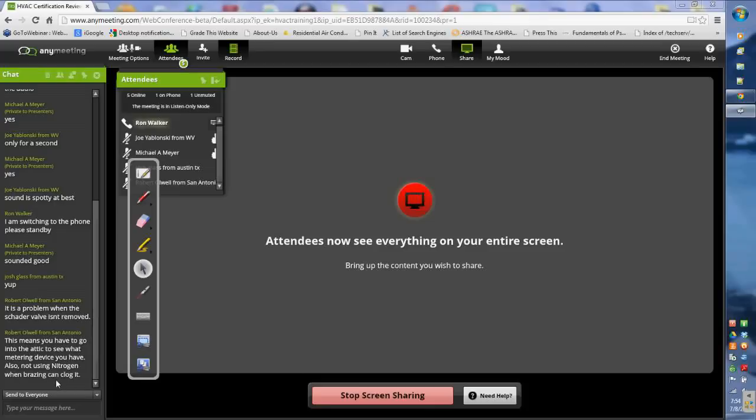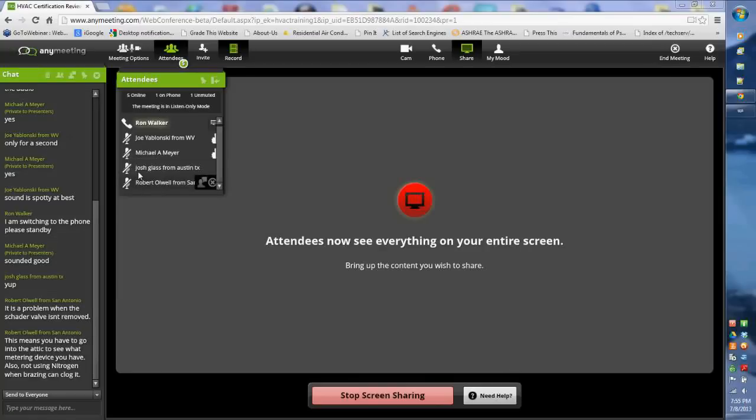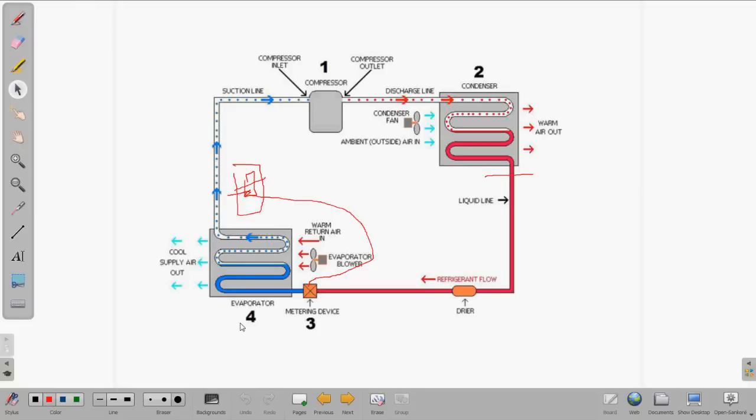Let's go back. The other thing, and I can't remember the exact statistics here, but a lot of, I don't know what percentage of it is, but it's not a majority, but it's more than a few. TXVs are replaced because the inlet is plugged with debris.